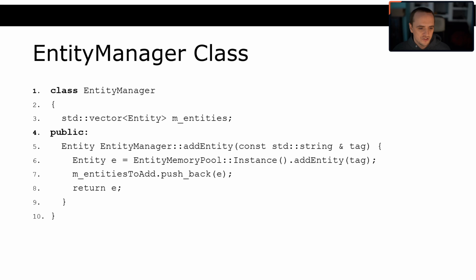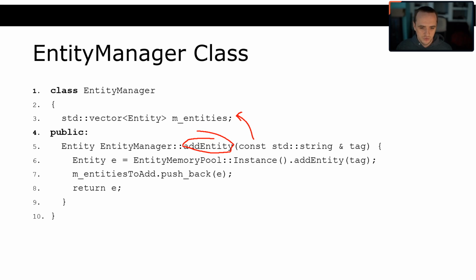Now we have to change the entity manager class as well. Whenever it adds an entity, before, all it did was put a new entity into its vector of shared pointers of entities. But now we have a memory pool, right?